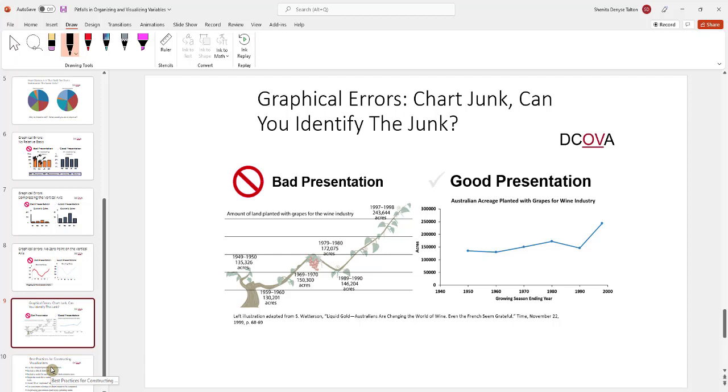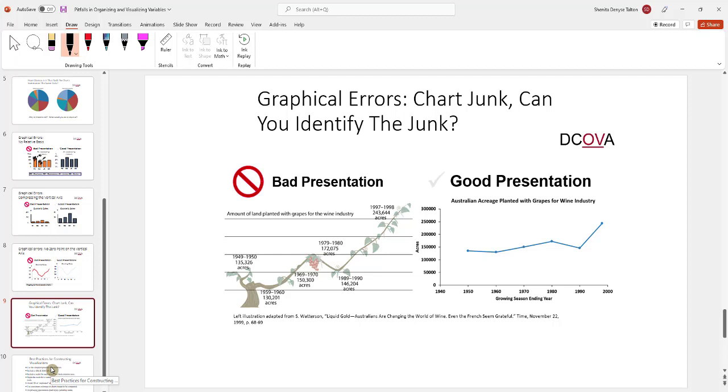Another bad presentation is when you have chart junk. Now, I know people want to create graphs that are colorful and pretty, but sometimes you just want to get to the point when it comes to graphs. So this graph is a bad presentation because they tried to be creative. What these graphs are displaying is the amount of land planted with grapes for the wine industry. It looks like this is a grapevine.